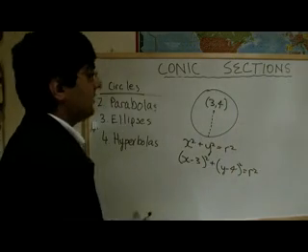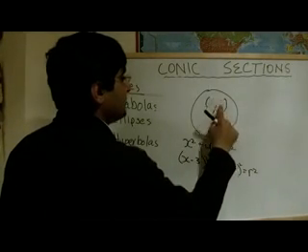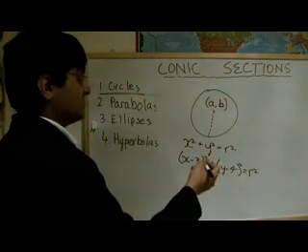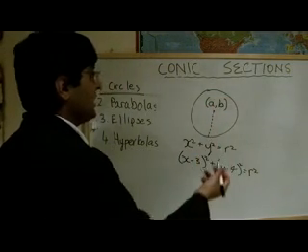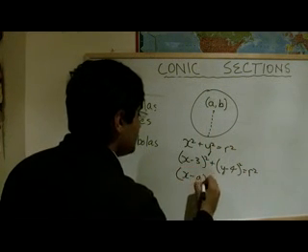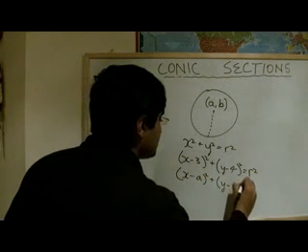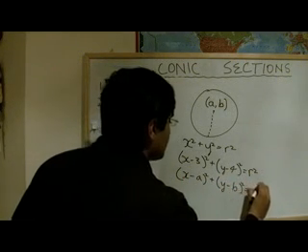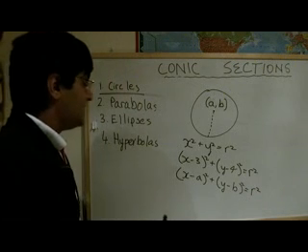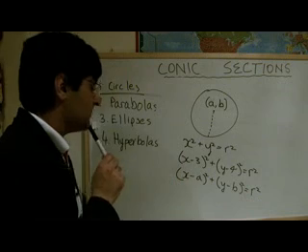For the sake of generalization, let's say the center of any non-standard circle is (a, b). The equation would be (x minus a) squared plus (y minus b) squared equals r squared. That recaps circles, and I think that's a decent overview of what you should know about circles.